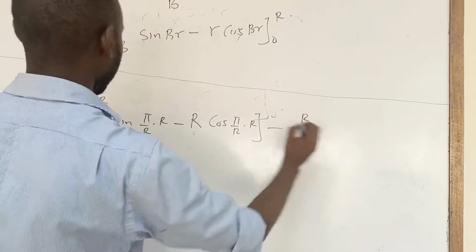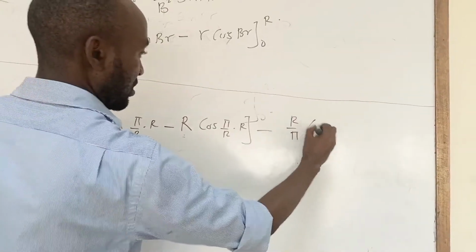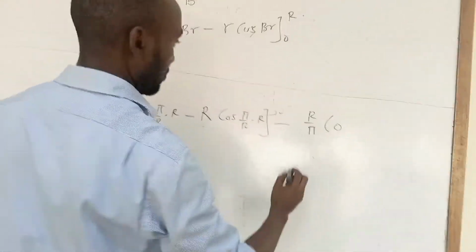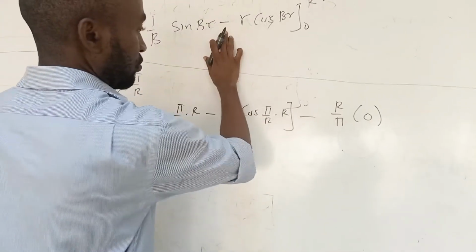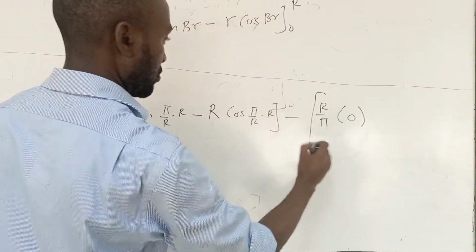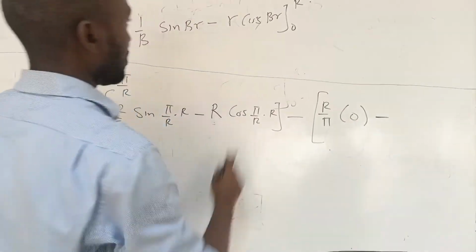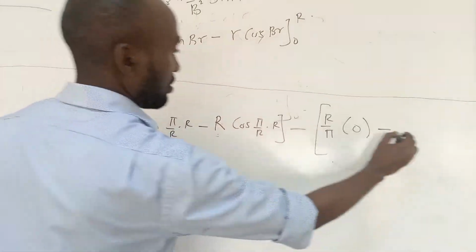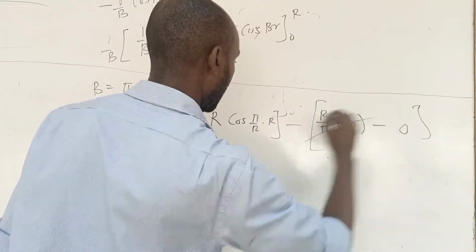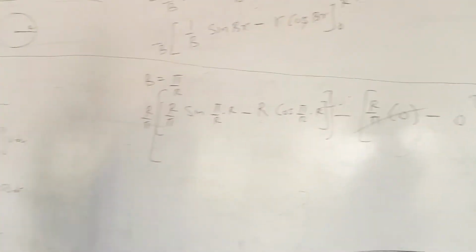At 0, this one will be 0, so we don't need it.